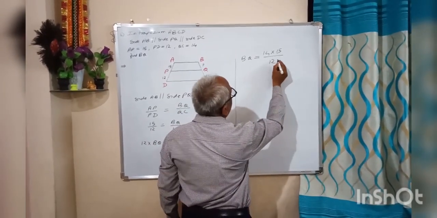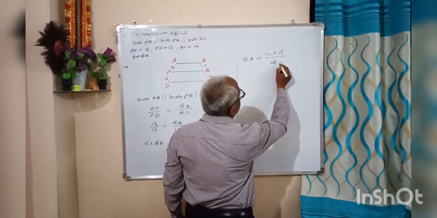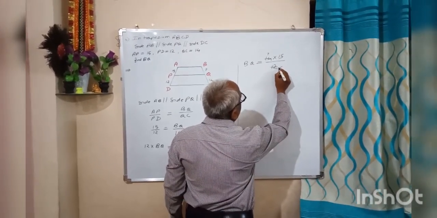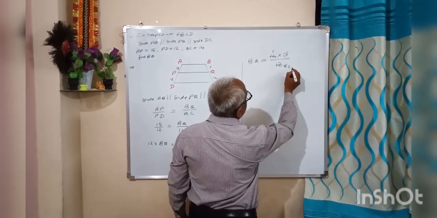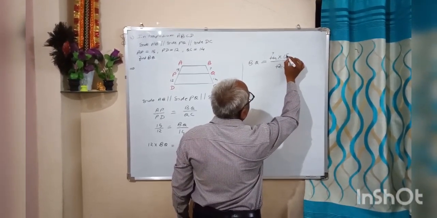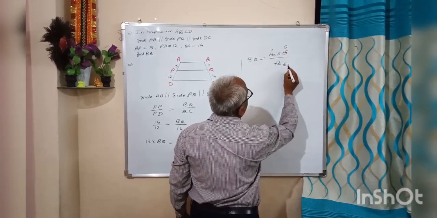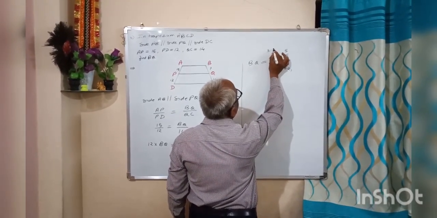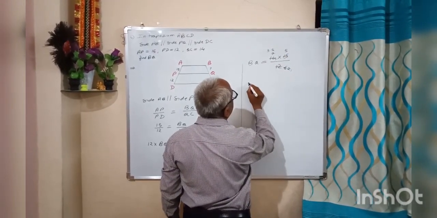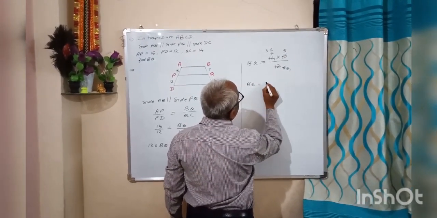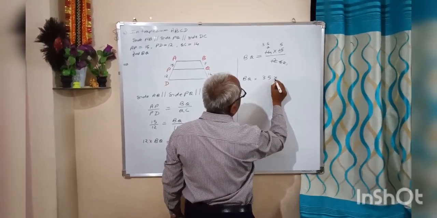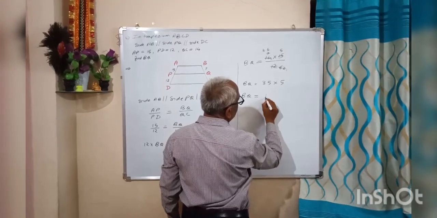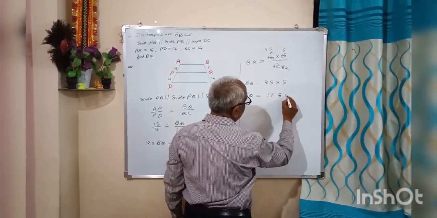Now here, 2 6s are 12, 2 7s are 14, 3 2s are 6, 3 5s are 15, that is BQ is equal to 3.5 into 5. Therefore, BQ is equal to 17.5 units.